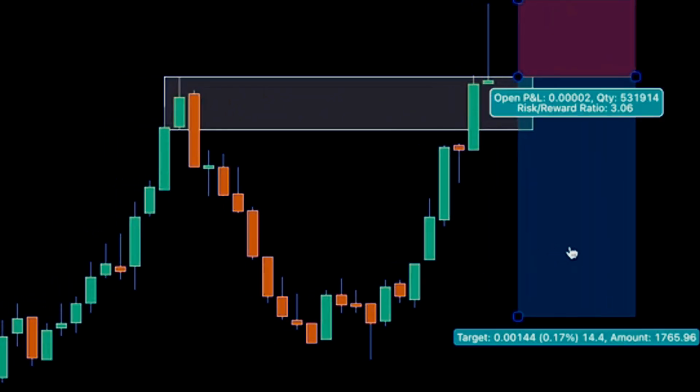With everything in place, apply the set and forget approach. Allow the trade to progress without constant monitoring. The trade will either reach the target or hit the stop loss, making this strategy straightforward and stress-free.